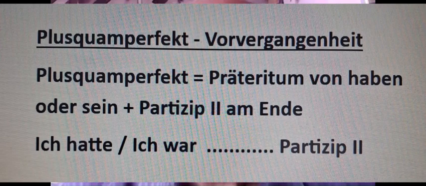So wir benutzen das Präteritum von haben oder sein. Sie sind Hilfsverben, they are auxiliary verbs. Und das Partizip 2 steht am Ende. So the past participle is kept at the end of the sentence.